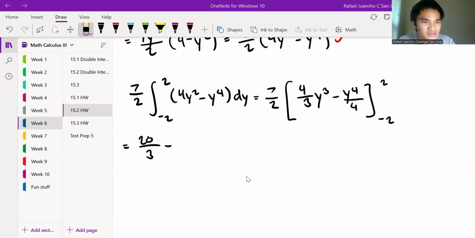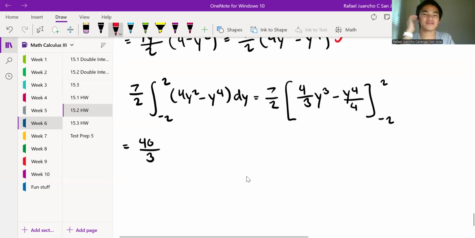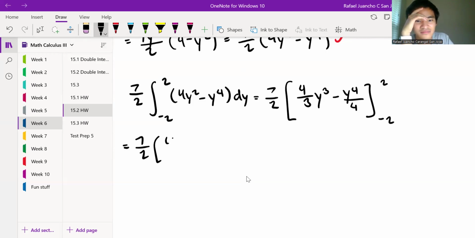Then, what? 40 over 3? Am I brain dead? There's no way. This is 40 over, now I'm getting different values. That's funny. Oh no, 40 over 3 times 7 half. There we go.